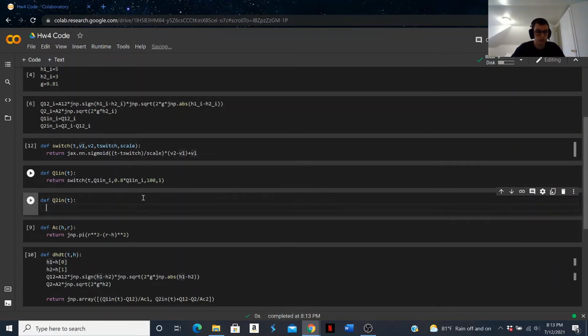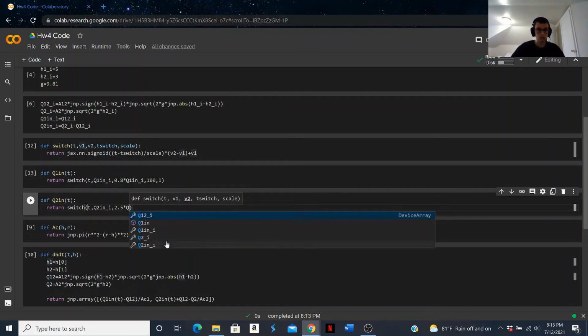And now our second one is basically the same thing. Switch function T. Now we have our Q2 in initial, and our second switch, which is for our inlet to tank 2, is actually, it becomes 250%, right? 2.5 times the Q2 in initial.